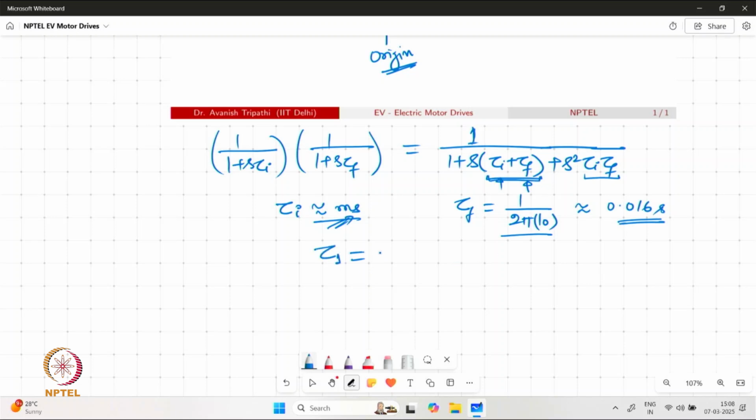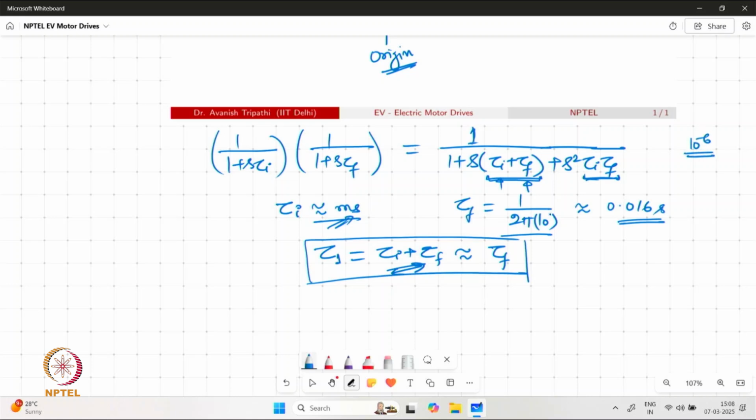So if we call that a new value tau 1, it is going to be nearly equal to tau f, or for better accuracy we can consider the exact value of tau i and tau f. However, the product of the two time constants is going to be of the order of 10 to the power minus 6, which can be conveniently ignored in comparison to the magnitude of the other coefficients.